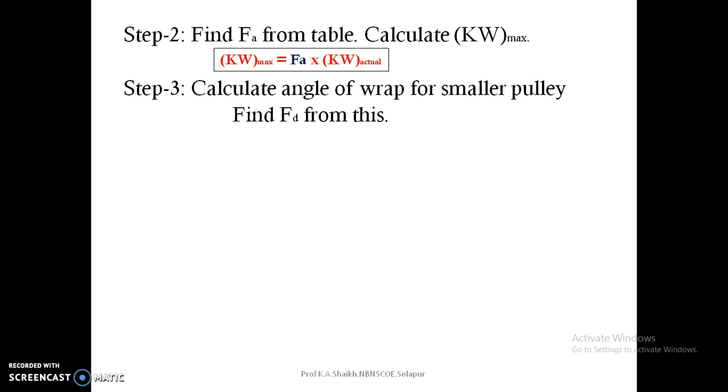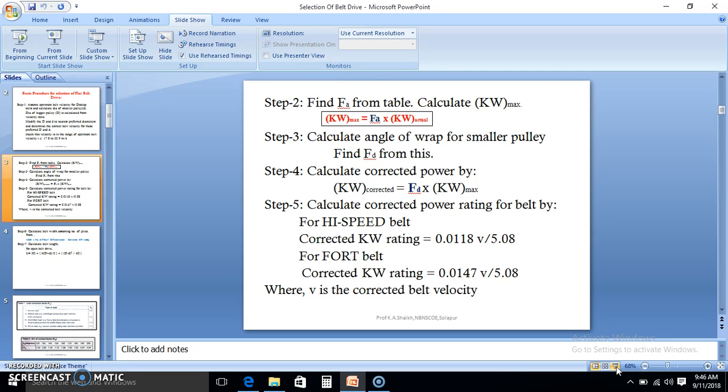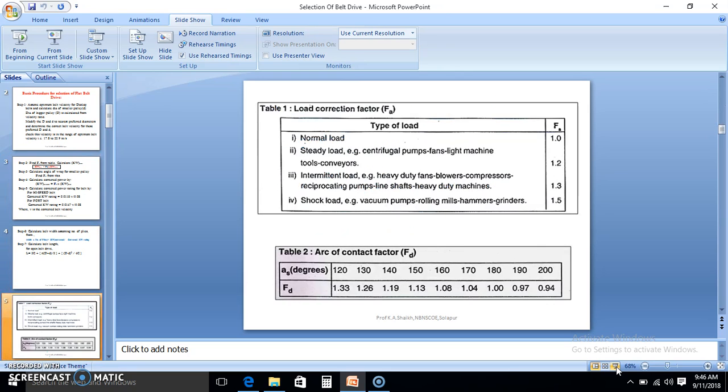Now you have to select the correction factor for this calculated arc of contact. Suppose for us the arc of contact is 175. So we have calculated alpha S as 175, and we have to find out the correction factor for this arc of contact, FD, for 175.